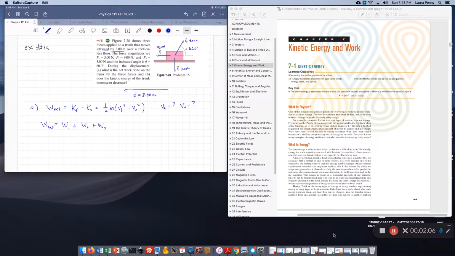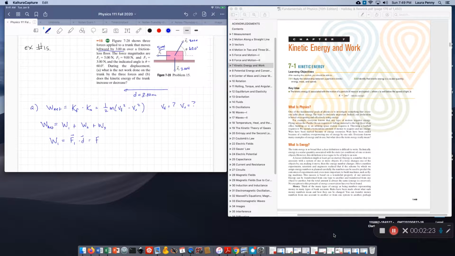So to do this, I'm actually going to have to figure out the work done by all three of these, using my equation that the work done by one force is the force dotted with the displacement. So force 1 is this 5 Newton force.